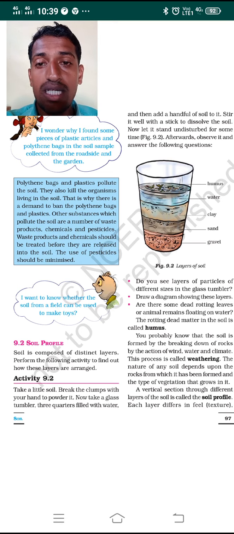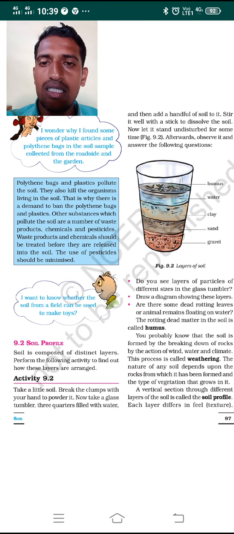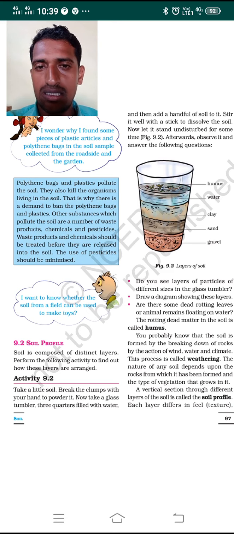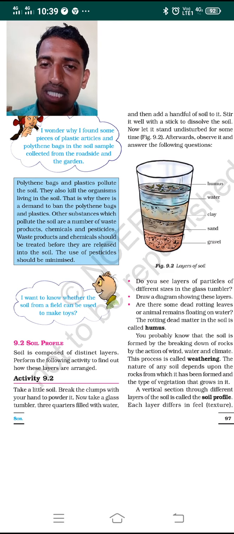But when the child went to collect the soil samples, the child found pieces of plastic articles, and also a larger quantity of polythene bags, in the soil sample collected from the roadside as well as the garden.